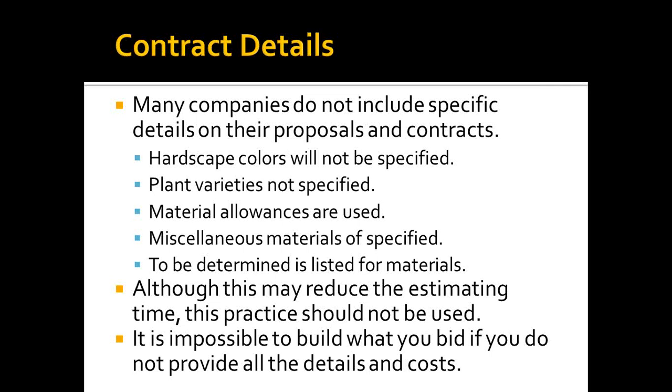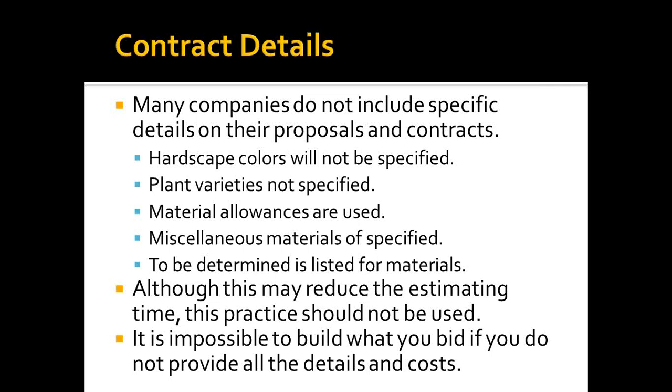The problem with that, yes, it certainly speeds up the estimating time, but the problem for the production crew is they really don't know what they need to bring out with them, and a lot of times that missing information is only realized during the production phase, where we now don't have, again, time to adequately prepare.